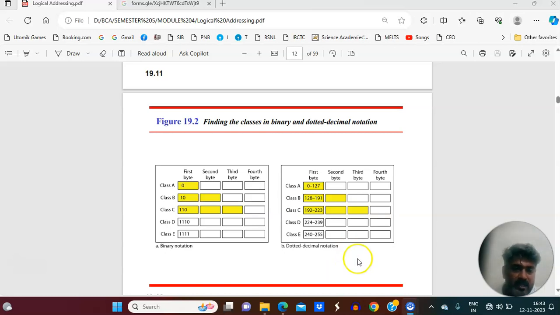For class B, it is fixed to 10, which means a class B address must have the first byte from 128 to 191. Similarly, class C is fixed with 110, class D is fixed with 1110, and class E is fixed with 1111.